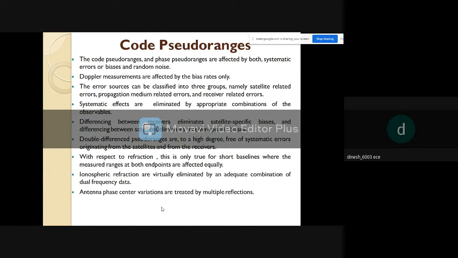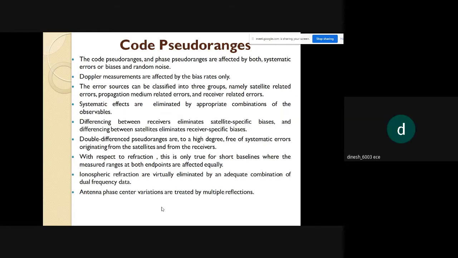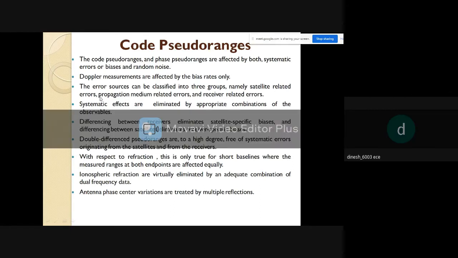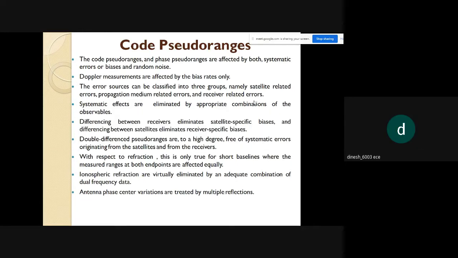For this we'll be using Doppler measurements, which have been classified into 3 groups: satellite related errors, propagation medium errors, and receiver related errors. So all these 3 errors have to be determined and eliminated. For this, an appropriate Doppler measurement is needed.